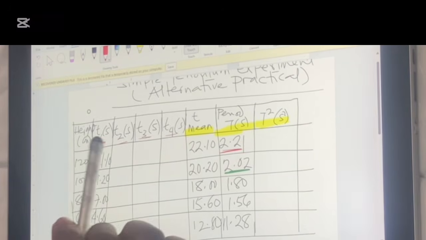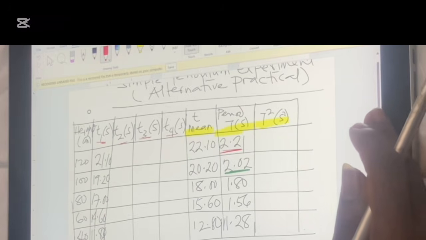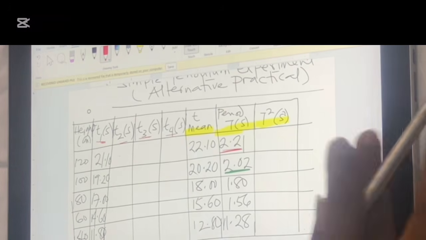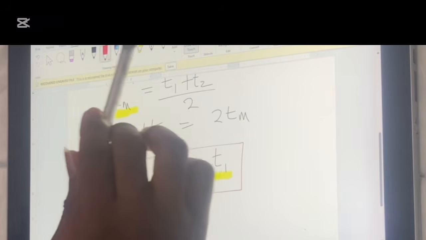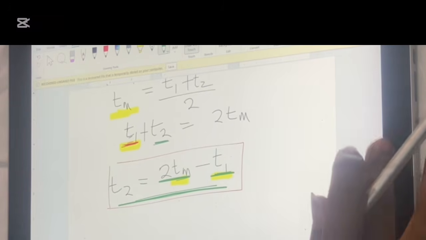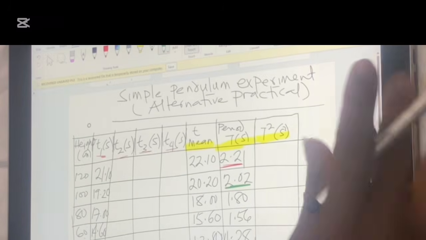That's how to get T2. So let's solve this. Multiply this one by 2. Very simple. This is the formula in case you have forgotten: multiply Tm by 2 minus T1 from this.